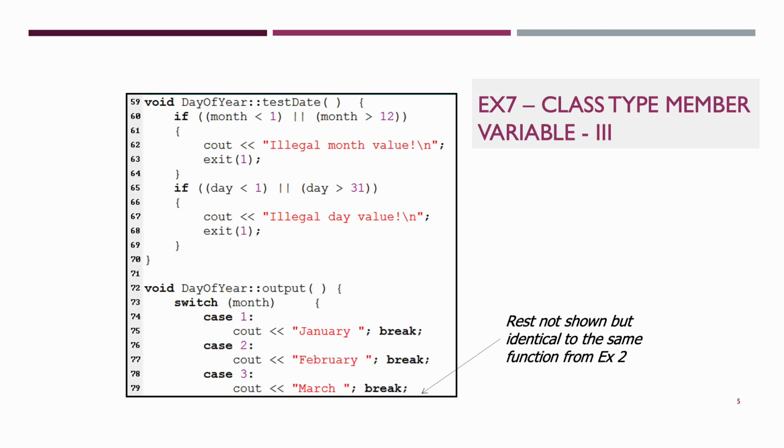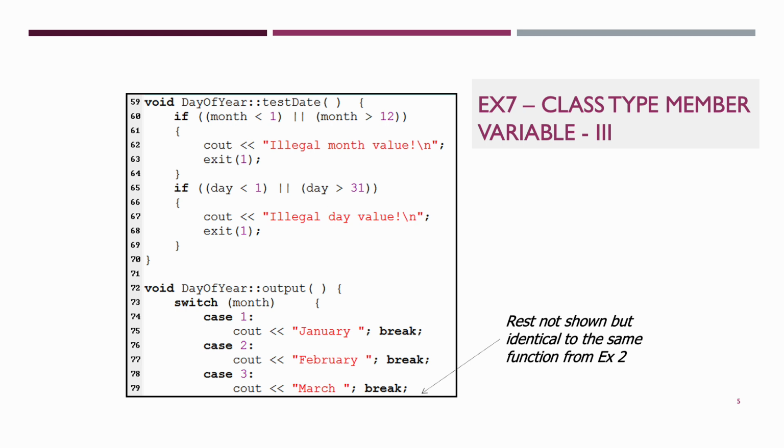Alright, so if you now look at the test date method, this function is responsible for validating that the values assigned to the month and day variables are legitimate. So first it checks if the month is valid.